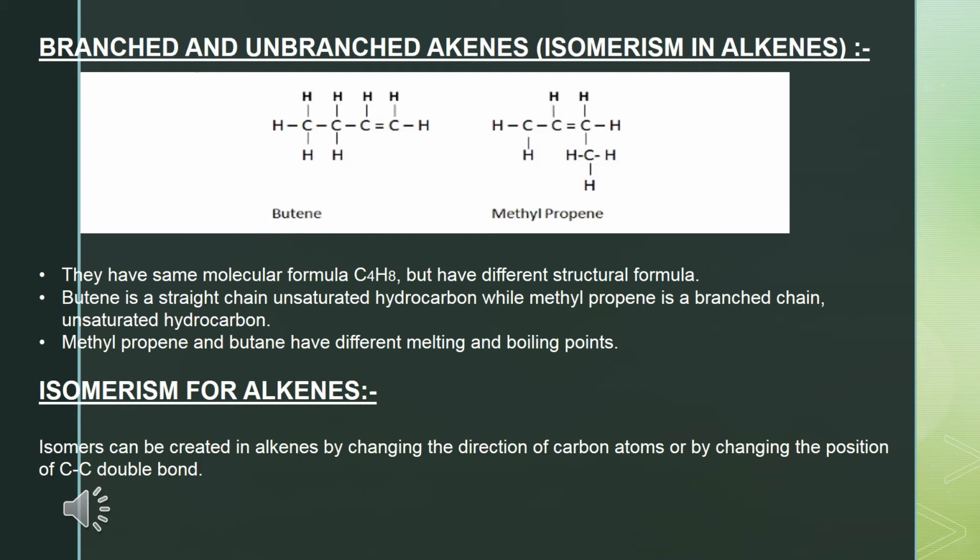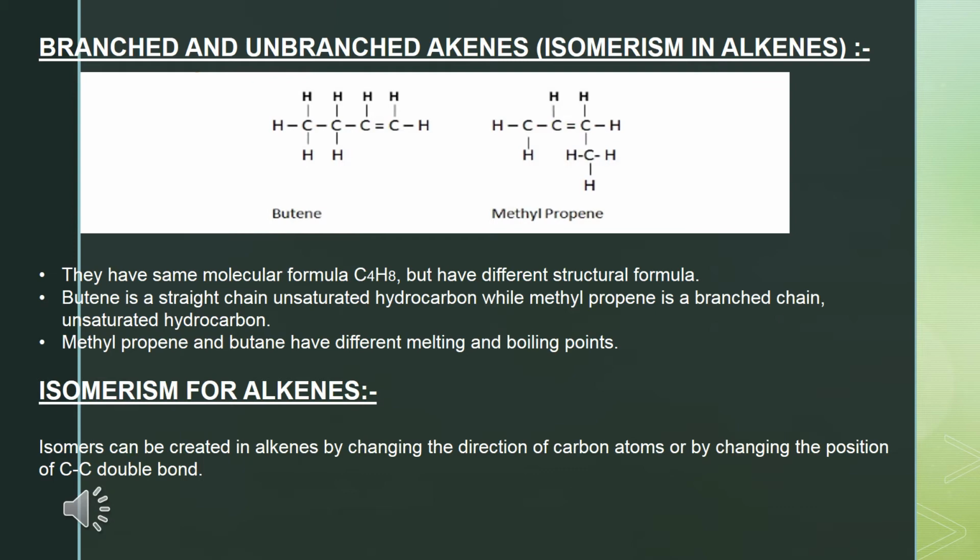So in butene, isomerism also exists. For example, we take C4H8. You can see that in the first example, butene, as well as in methyl propene, there are 4 carbons as mentioned in the formula, but the arrangement of the hydrogen atoms is quite different.